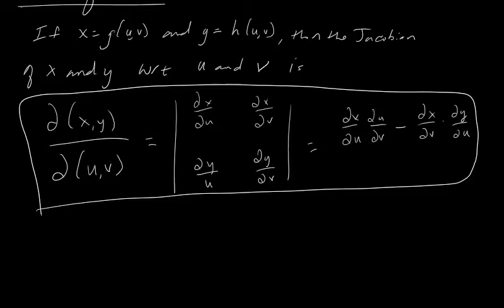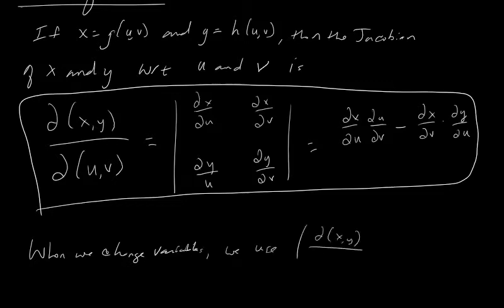And when we change variables, we are going to use the absolute value of the Jacobian. So we're never going to change the sign of our integration by including the Jacobian. We're always going to make that positive.